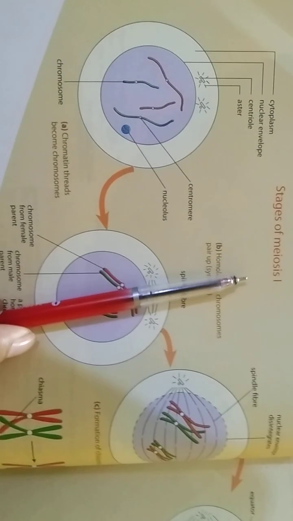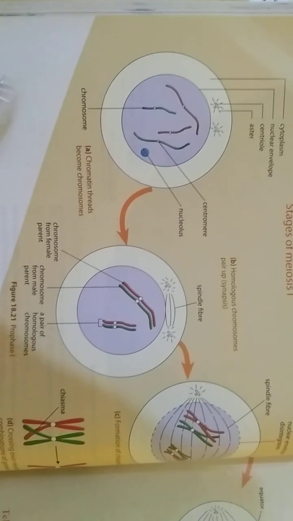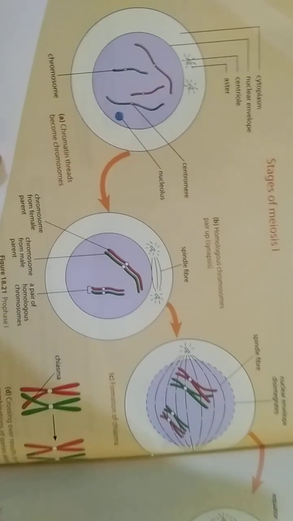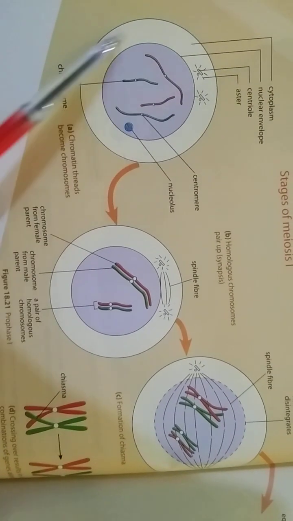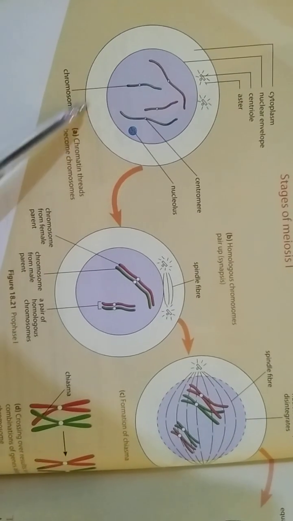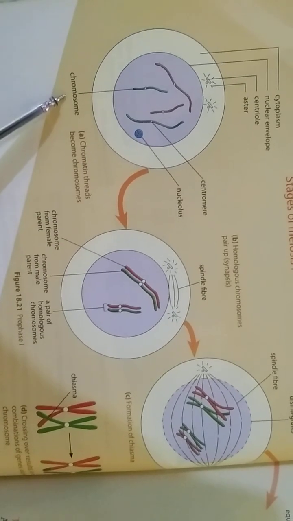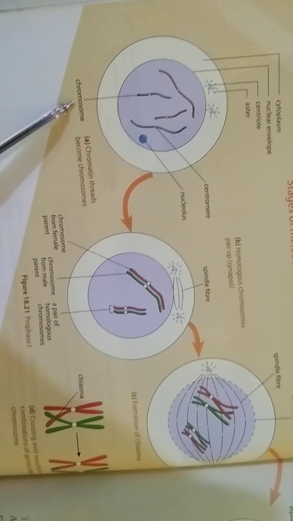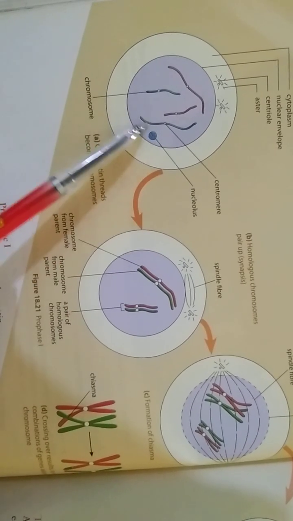Stages of meiosis 1. Look at these pictures and try to understand the whole process of meiosis. That's a cell of an animal, and these thread-like structures are called chromosomes, and the round shape is called the nucleus.